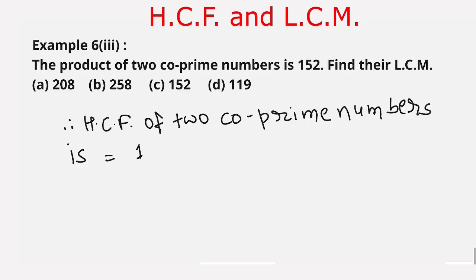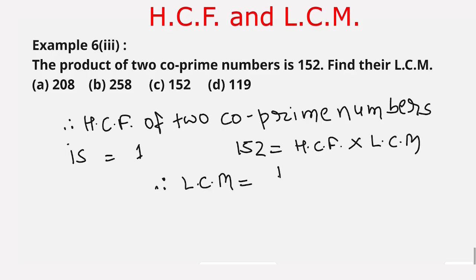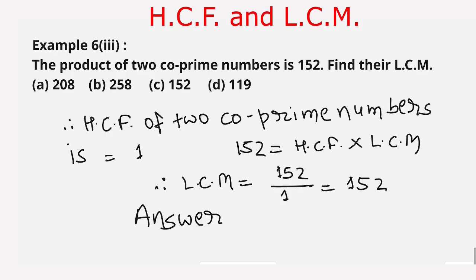If the numbers are A and B, then their product 152 is equal to H.C.F. multiplied by L.C.M. Therefore, L.C.M. equals 152 upon 1, which is 152. It is as simple as that. From the given options, our answer is option C, 152.